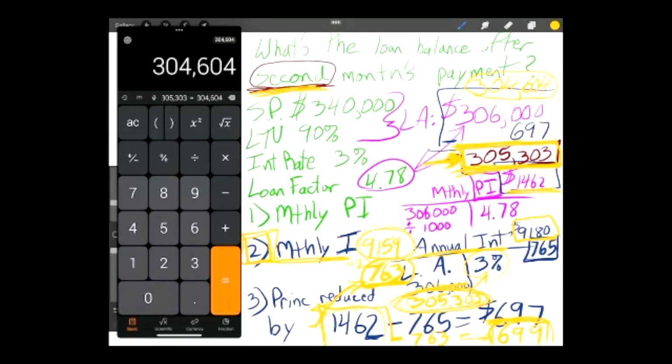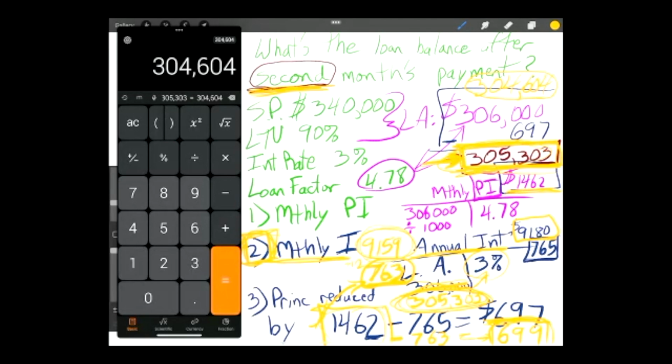Because see, every month you're paying less toward interest, and therefore more of your payments going toward principal. Thank goodness they're only going to ask you up through maybe the second month, possibly only the first month. But if they do ask you the second month, like we did here, all you're going to do is go back to the second step here and plug that new loan balance that you calculated in, and replace the original loan balance with the new one.